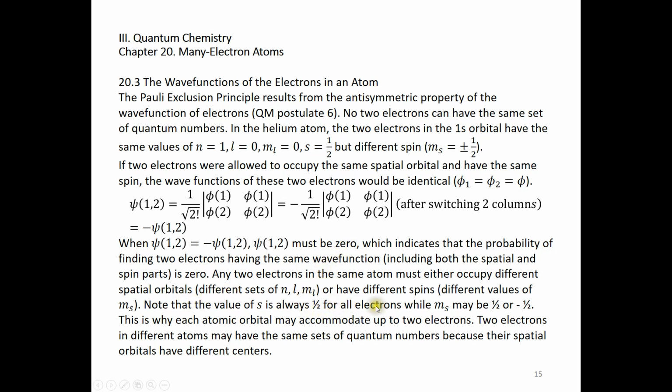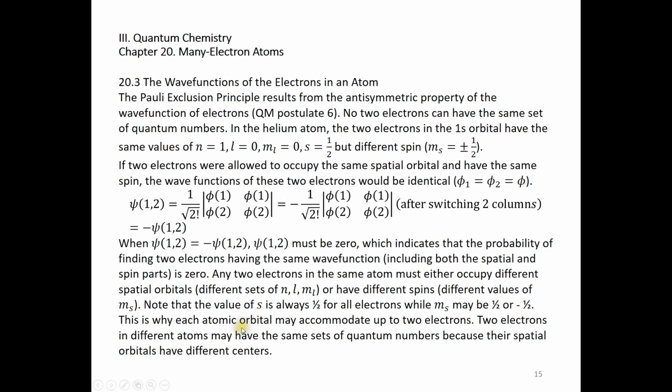Alright, remember for all electrons, the value of s, this is for the three-dimensional spin, it's always 1/2. But the z component can be 1/2 or negative 1/2. So if you are looking at two electrons with the same spatial quantum number, that means if they have the same n, l, m sub l, well, they have to have different m sub s. One is half, the other electron is negative 1/2.